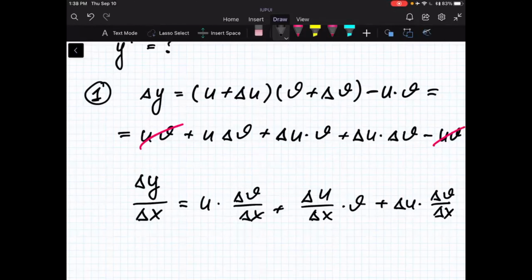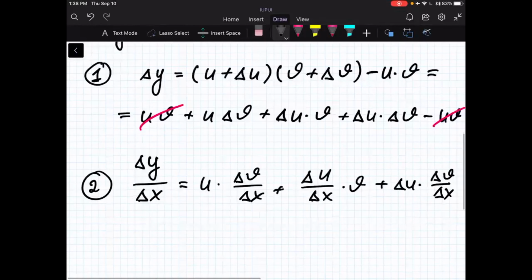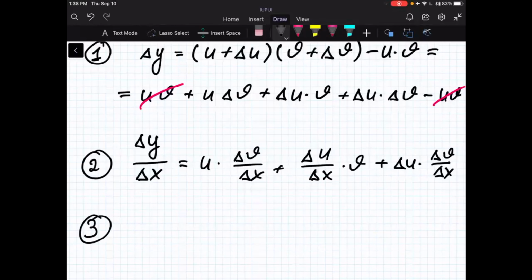And the last step was to calculate the corresponding limit. Limit when delta x goes to 0 of this ratio. And again, I have the sum of several functions, and because of the property of the limit, limit of the sum is the same as sum of the limits.